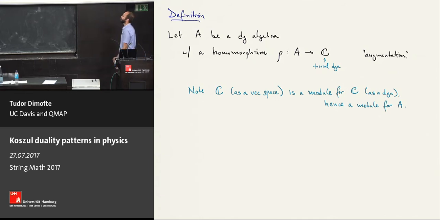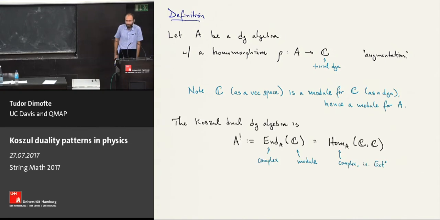And there's a bit of extra structure that's needed to define the dual mathematically, and that's a homomorphism from A to the trivial DG algebra, C. Now, a homomorphism from A to C as an algebra in particular means that A acts on C as a module. And the Koszul dual of A is defined as endomorphisms of this trivial module that commute with the action of A.